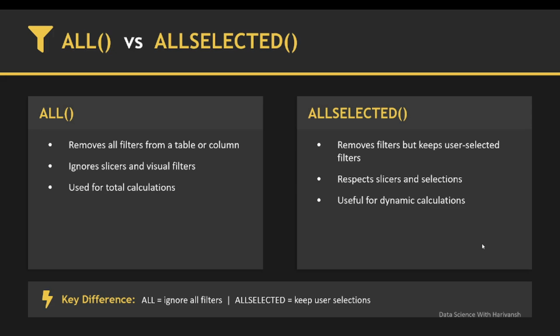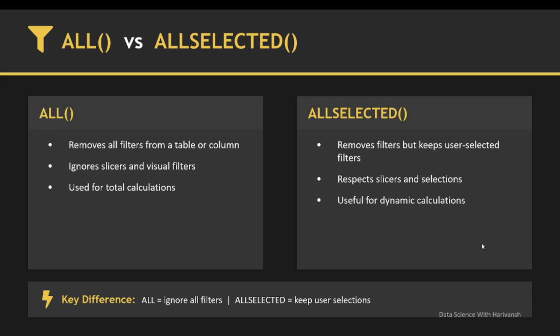The ALL function is the more powerful and absolute of the two. When you use ALL in a DAX measure, it completely removes all filters from the specified table or column, and this means it ignores every filter without exception. It ignores slicer selections, visual level filters, page level filters, and report level filters.